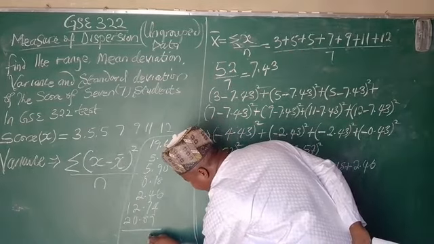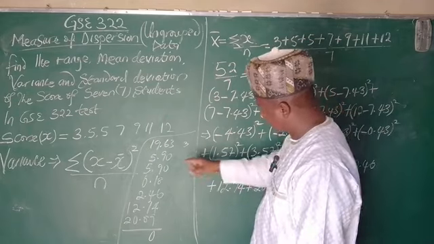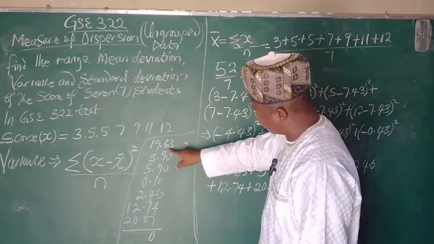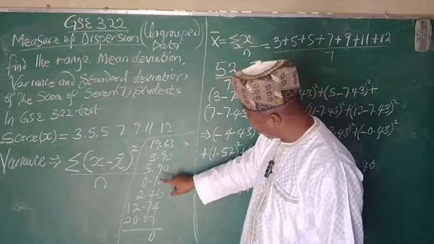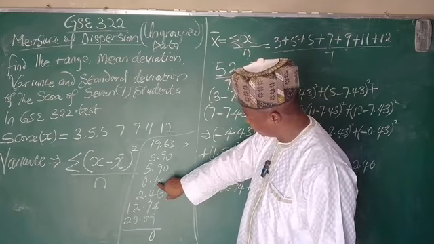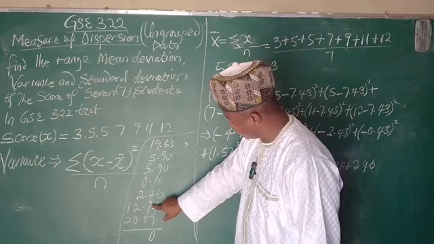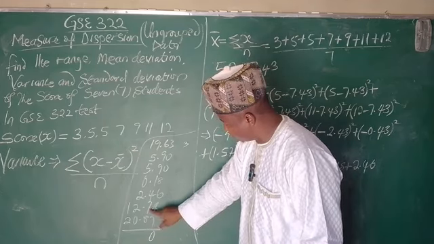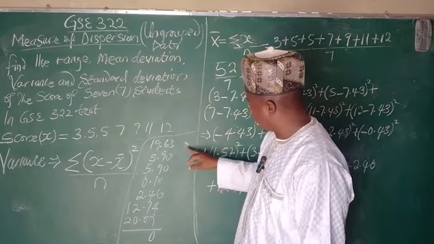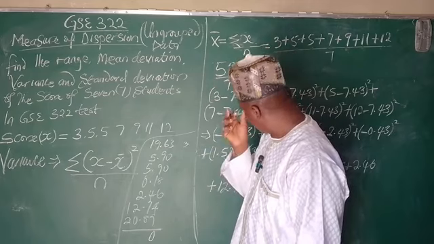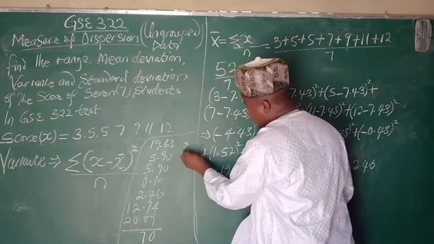Therefore, we write 0 and we carry 3. Then the next one we have 6. 6 plus 9, which is 15, plus 9, which is 24, plus 9, which is 33, plus 4, which is 37, plus 7, which is 44, plus 3, which is 47. Therefore, we write 7 and we carry 4.